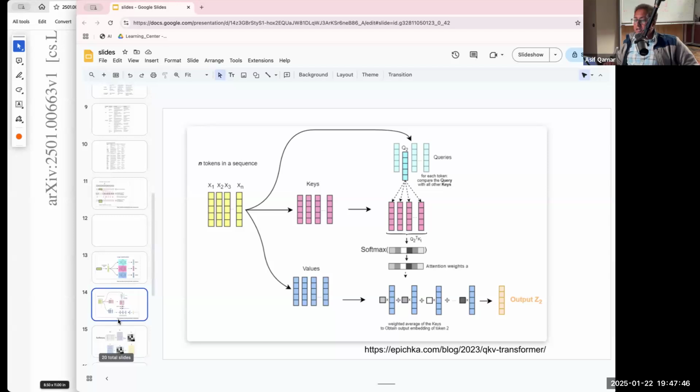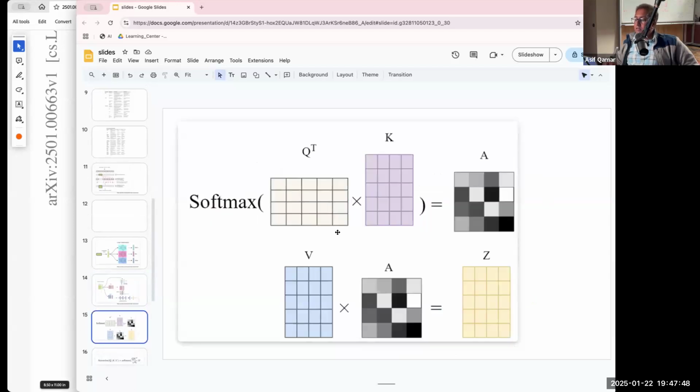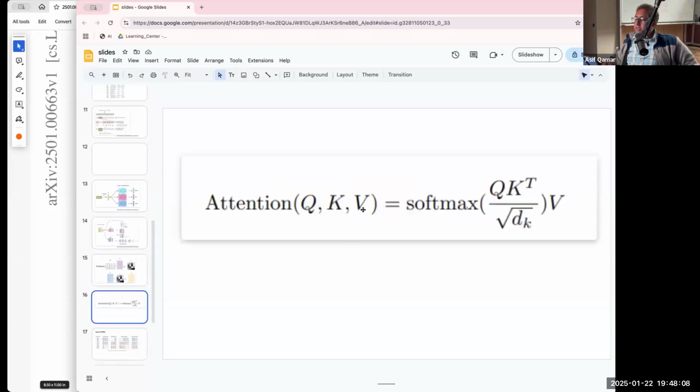So this diagram can be represented in a slightly simplified way like this. Imagine there is a q vector for your input sequence, and then a k vector, and then the probability distribution is derived, and then it is multiplied with the value vector v, and then we get the attention vector. This is the simplified equation for that.